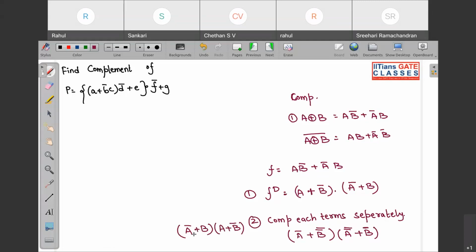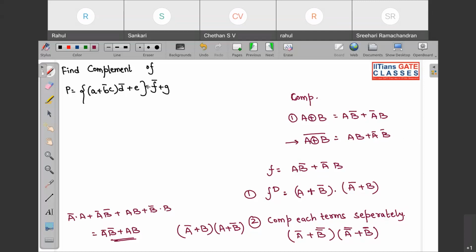So solve this: A complement into A. Now open this: A complement into A plus A complement B complement plus AB plus B complement into B. So we will be getting A complement B complement plus AB. So you can see I am getting the result that we know.